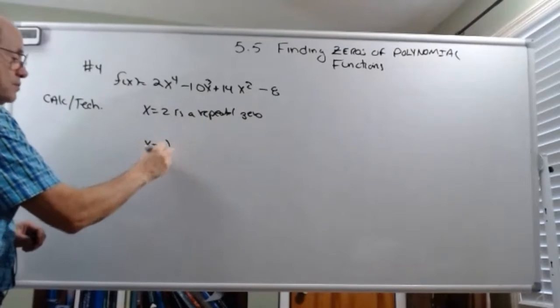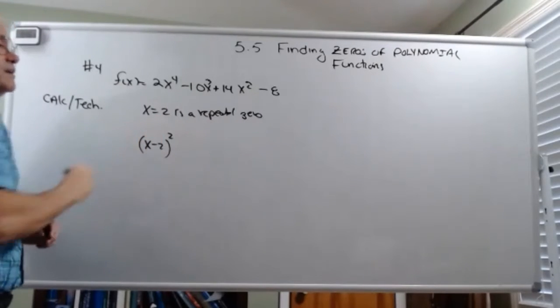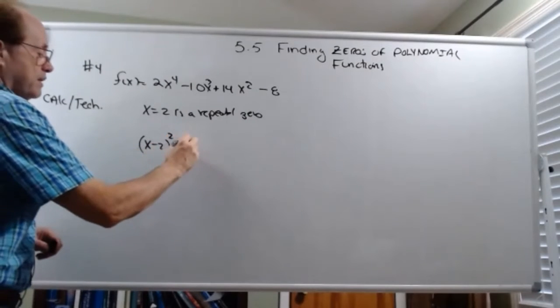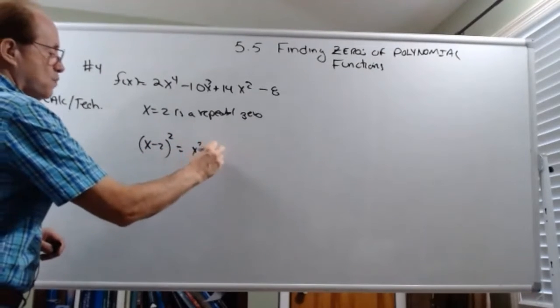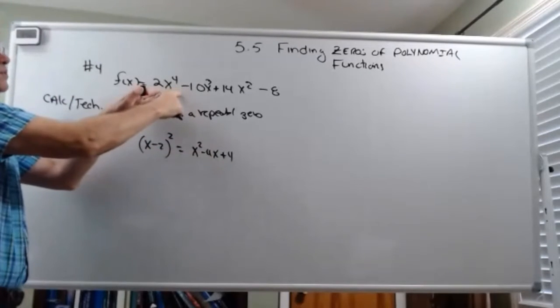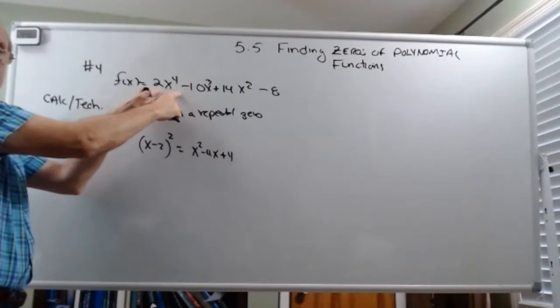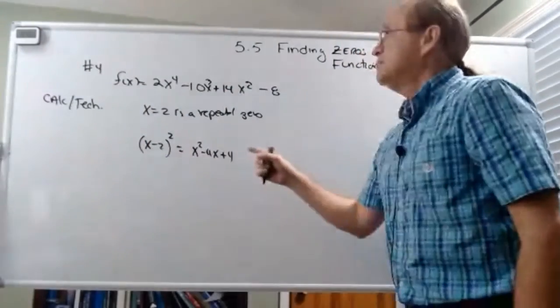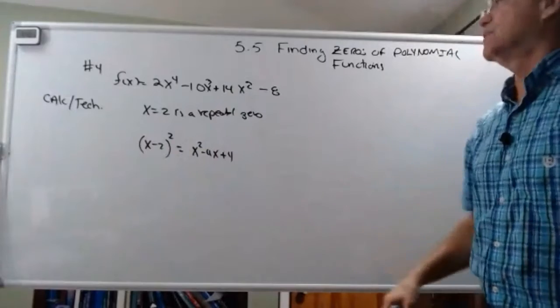This tells me x minus 2 squared is a factor. Meaning, if I multiplied this out, x squared minus 4x plus 4 will divide into this 4th degree polynomial. Let's do that, and that will then enable me to find the other 2 zeros.